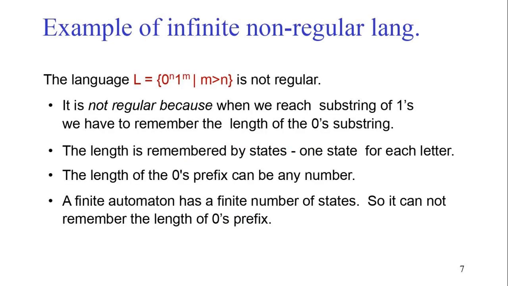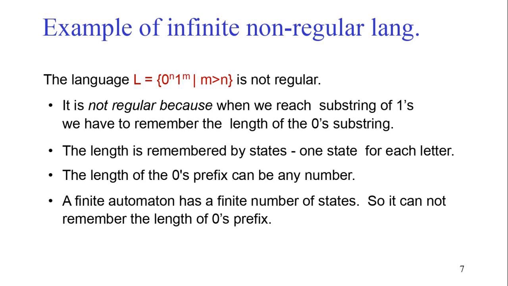What this relation means is that we have to maintain a memory to count the number of zeros and the number of ones, and the number of zeros should be less than the number of ones.